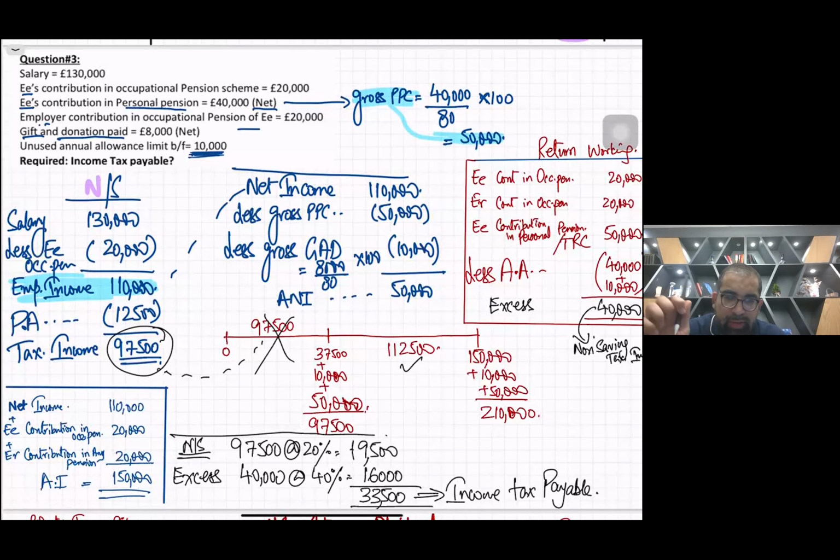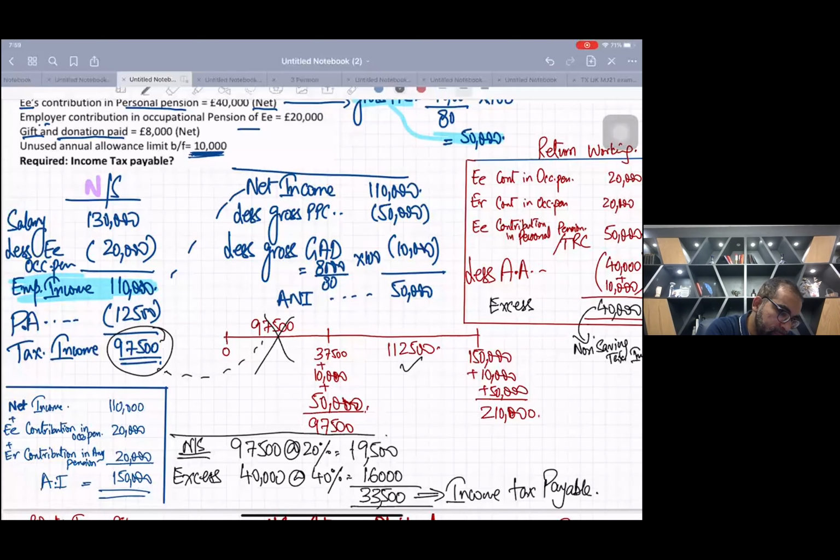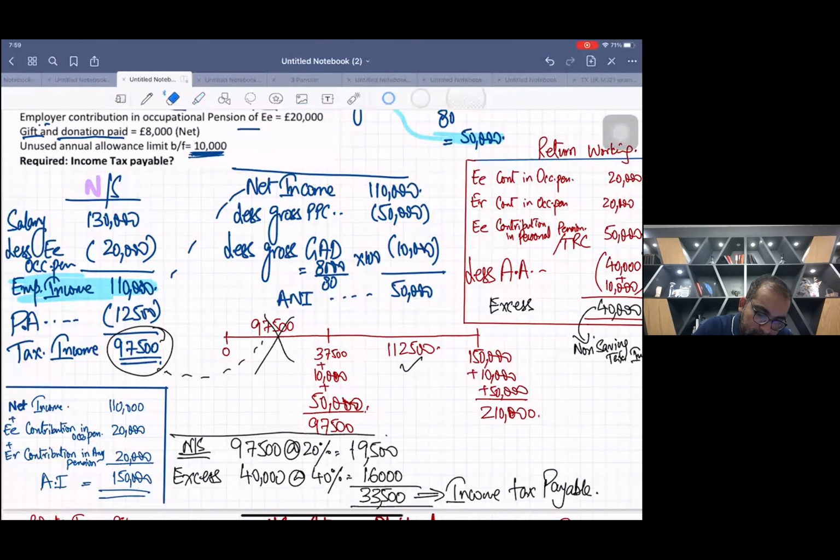Sorry, it's 35,500. My mistake, I saw it wrong. Sorry, it's 35,500. See this. Take your time.